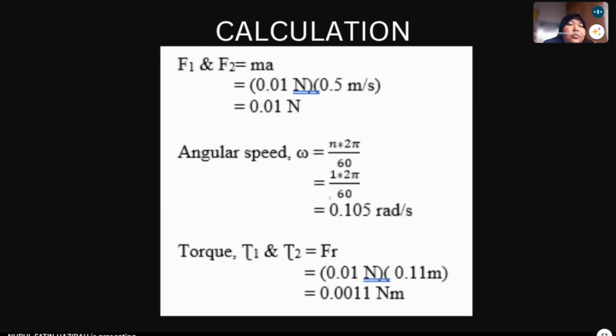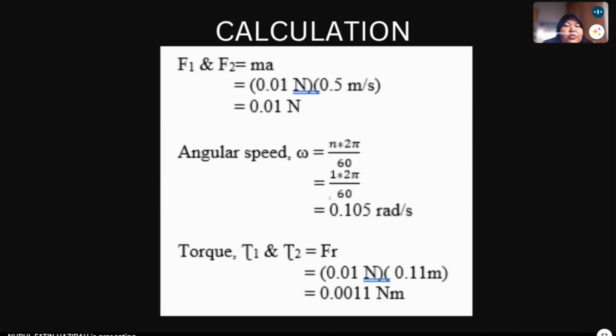The next one, calculate the speed. Omega equals gear ratio with 2 pi per 60 seconds. The gear ratio 1 multiplied with 2 pi per 60 seconds. The answer is 0.105 radian per second.